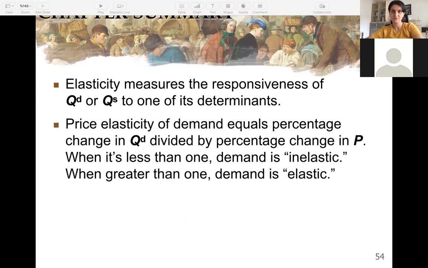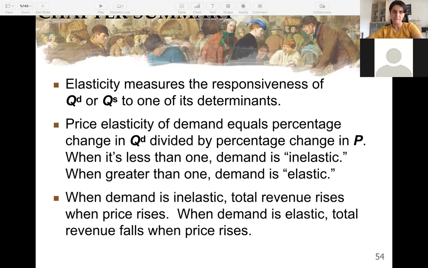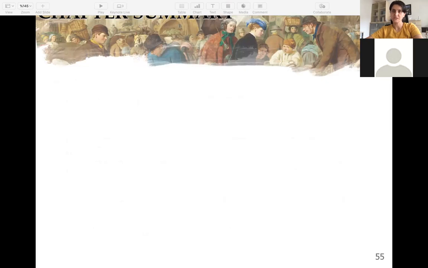Price elasticity of demand equals percentage change in QD divided by percentage change in P. When it is less than 1, demand is inelastic. When greater than 1, demand is elastic. When demand is inelastic, total revenue rises when price rises. When demand is elastic, total revenue falls when price increases.